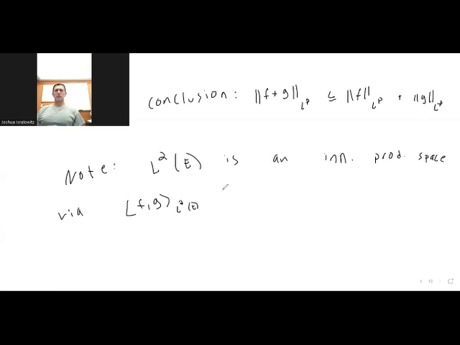What kind of has to be true was F times G bar. Okay. So yeah, in another video, if you've heard of completeness, completeness just means Cauchy sequences converge in your norm space. LP for P between 1 and infinity, including 1 and infinity, is complete. That'll be done in another video. That's a little technical, but nice, really nice proof.